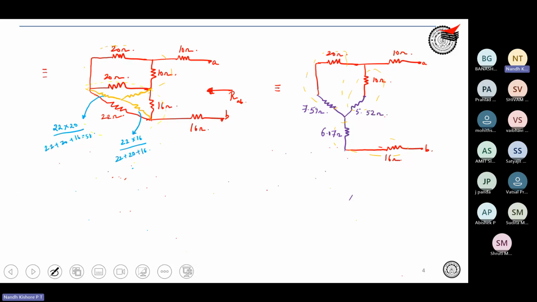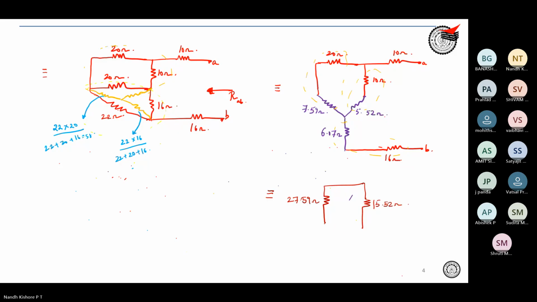again redraw the picture as something like we have 27.59 ohm, okay, and we are having again 15.52 ohms, okay, and then we have 22.07 ohms, right, and we have 10 ohms, okay.